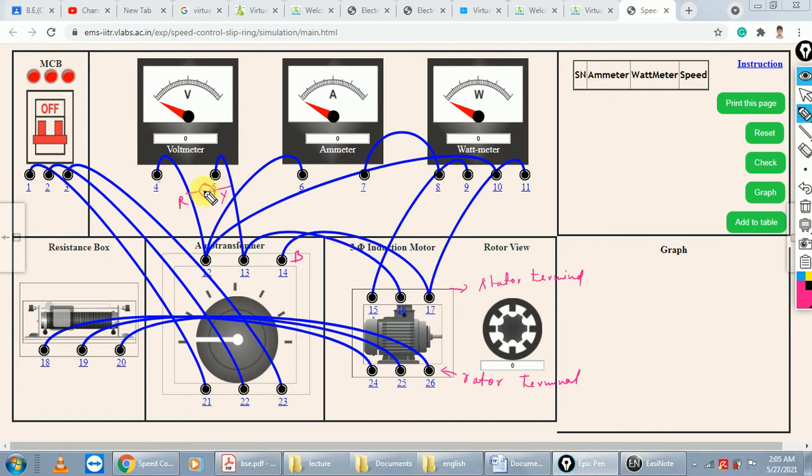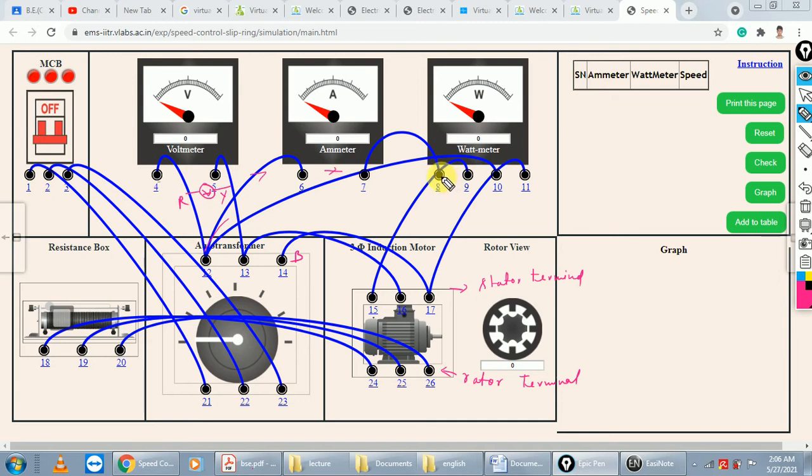It measures the voltage across the 12 number and 13 number pin, meaning the voltage across the R and Y phase output. And this ammeter measures the current. The current flows from this auto transformer to the ammeter, and again goes to this wattmeter current coil.